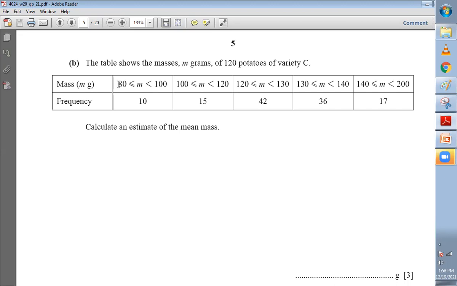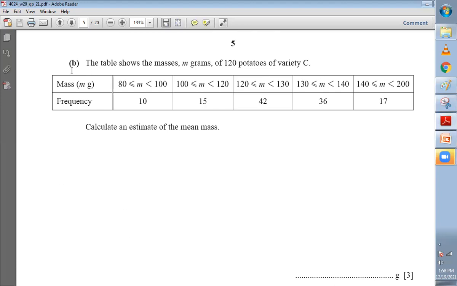For example, 80 plus 100 is 180, divided by 2 is 90. For example, 100 and 120 are the class limits. 100 plus 120 is 220, and you divide it by 2, which gives you the mid value. So find the mid value of each class and note it down.